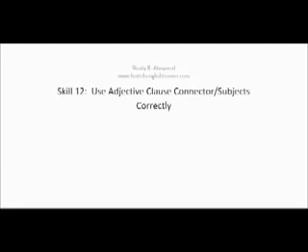Now let me put an example here in order to explain to you what an adjective clause is. Now look at this one. The glass that I put on the table is nice.